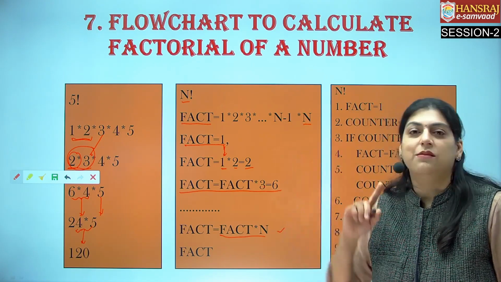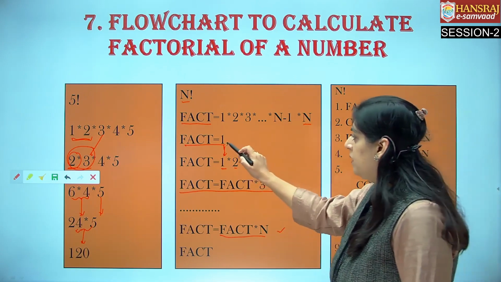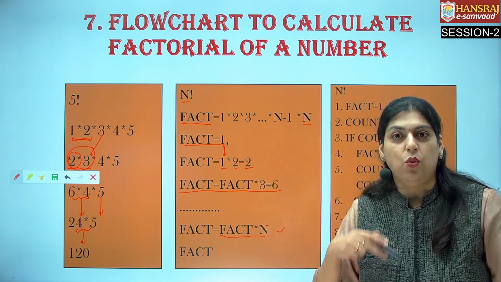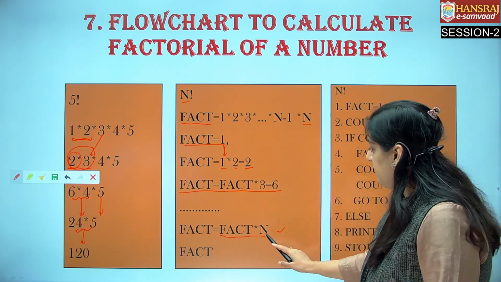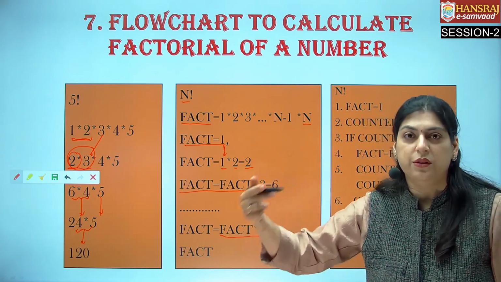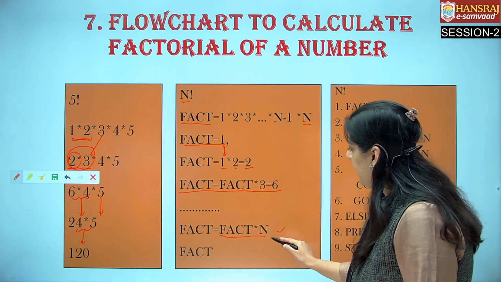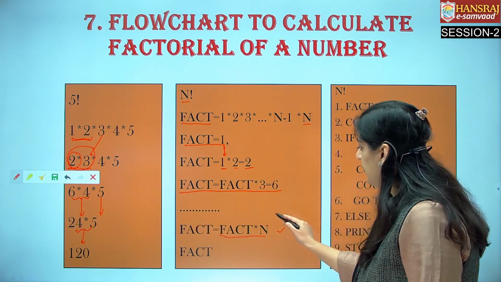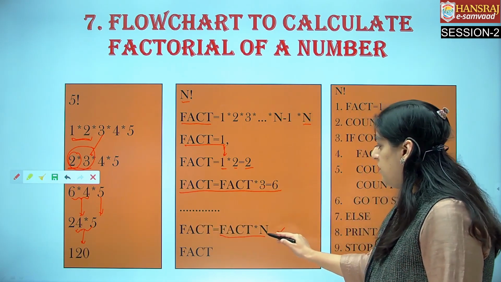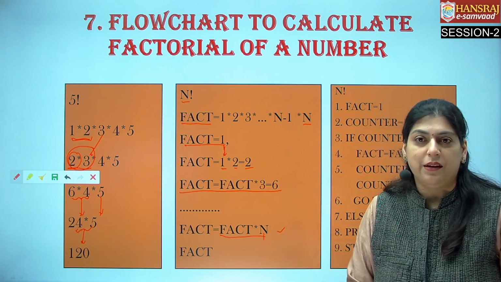We initialize the value of fact by 1. Then you are multiplying it with first 1, 2, 3, 4 till n. So this statement I need to repeat again and again while changing the value of n. Right?